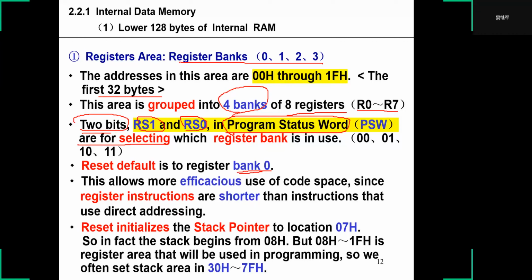This is more efficient use of code space, since register instructions are shorter than instructions that use direct addressing.